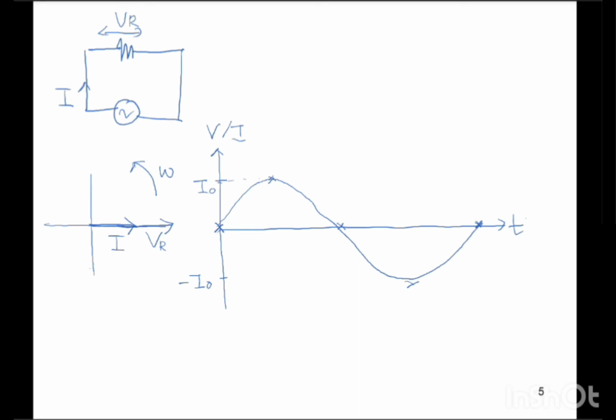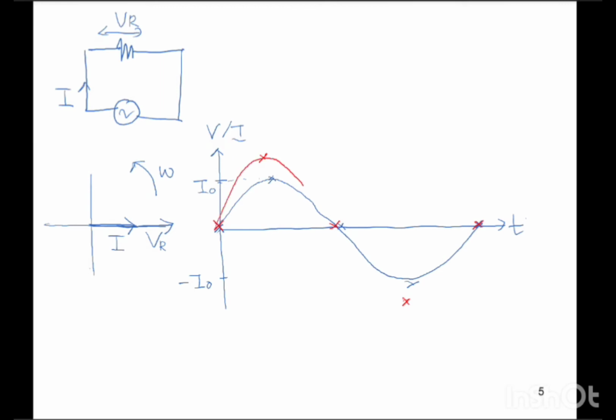Okay, and then we look at the phasor diagram for voltage. Here, this one is V0 maximum, and then 0, and then negative V0, and then it goes back to the original position.